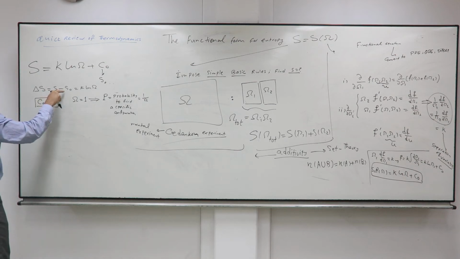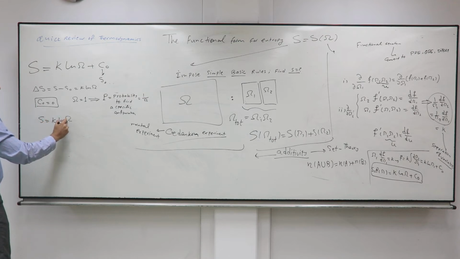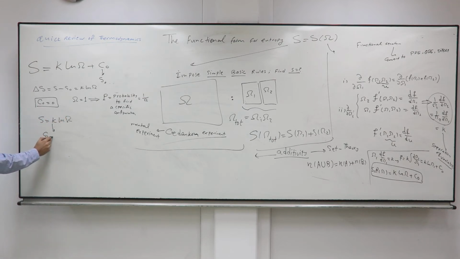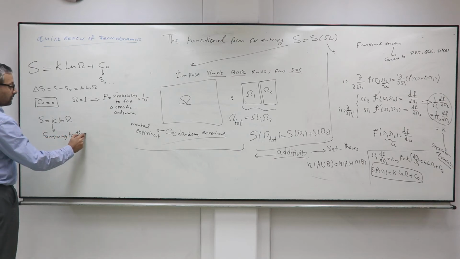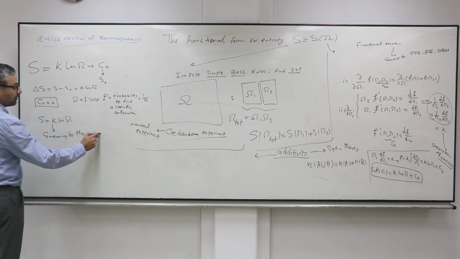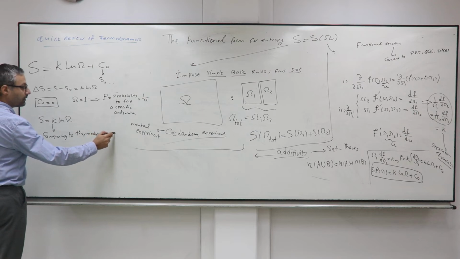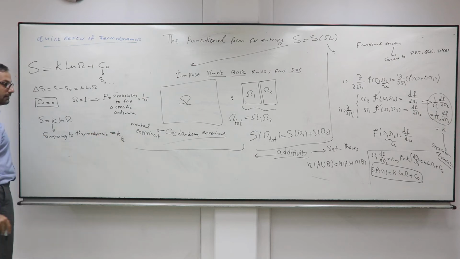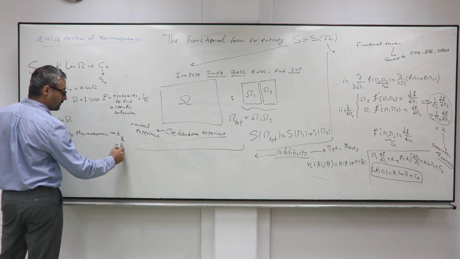Anyway, you can forget about the C0 and consider that at 0. And S will be k ln omega. And this k, eventually, by comparing with thermodynamics, you can show that this is actually exactly the Boltzmann constant.